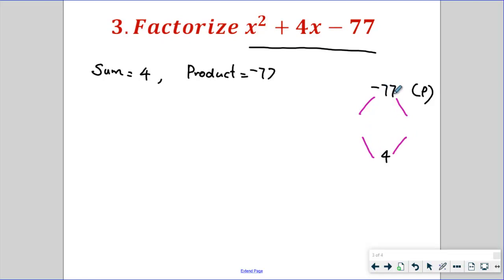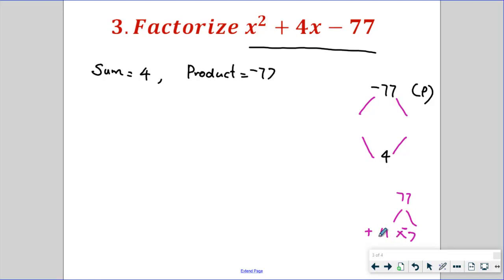So here 77 and 4. You have to check the factors of 77. If you multiply 11 into 7, it is 77. Since 77 is negative, one should be negative, and the sum is positive, so 11 should be positive and 7 should be negative.